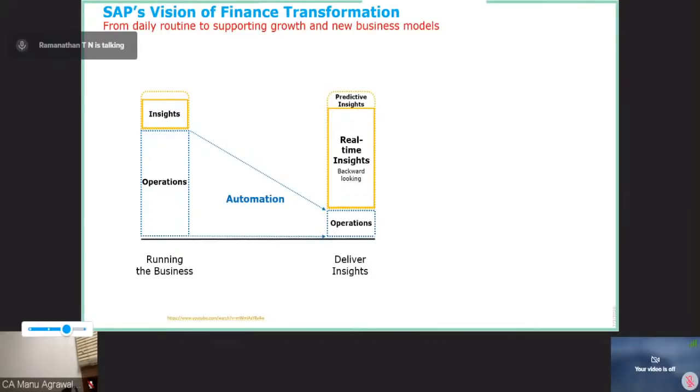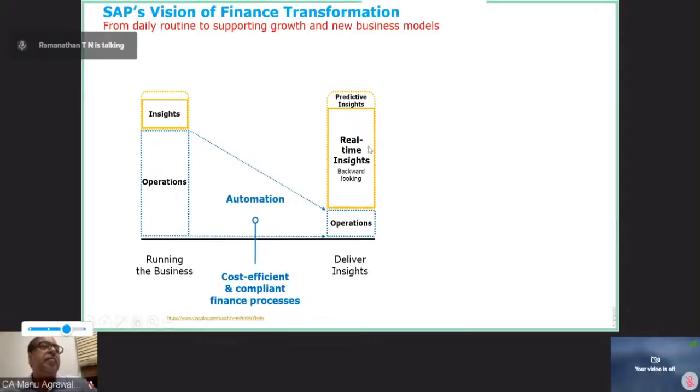That is where automation as an element is facilitating your cost-efficient and compliant finance processes. Thereby, you are able to reduce your operational time to probably 50% or 30% of the overall time being consumed today, right? And spend the saved time on real-time insights, right?